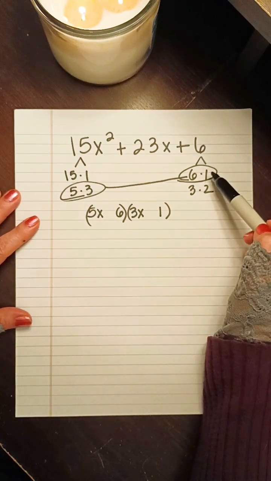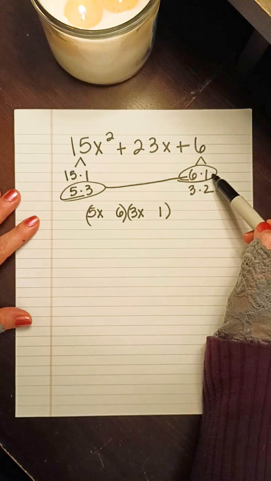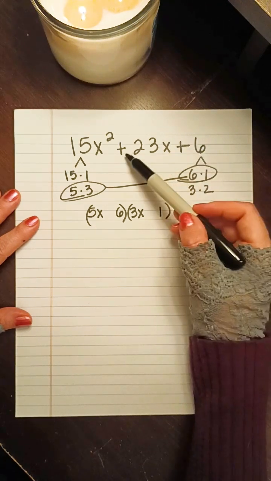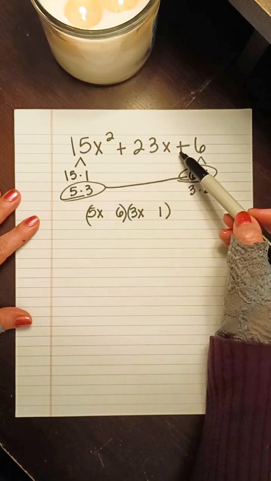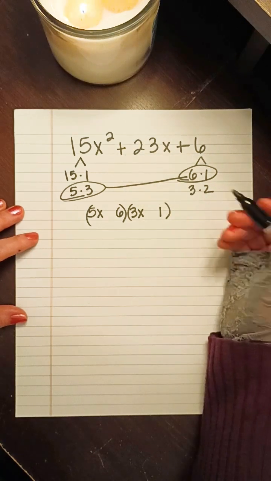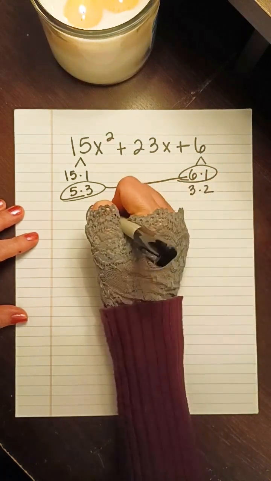So I have to multiply two numbers that will multiply to get a positive 6, but at the same time add to be positive 23. There's only two signs, so we can either multiply positive times positive to get positive 6, or negative times a negative to get a positive 6. But we need to add them to get positive 23. So they're going to have to be both positive.